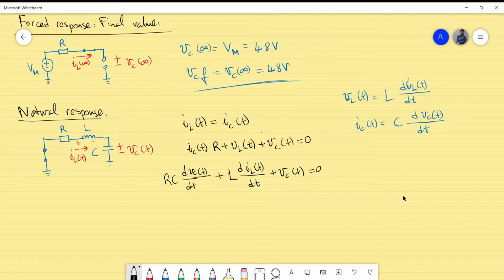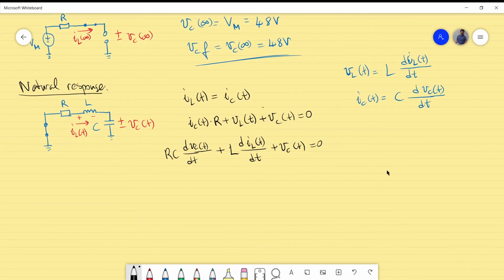So I will have to get rid of the IL, but I know that IL is equal to IC, and again I know that IC is equal to this expression. So again I will get another VC expression in the equation, which is actually what I want to do. So if you fill in this, and if you continue the analysis, it's actually very easy to do, so I will show you the final result.